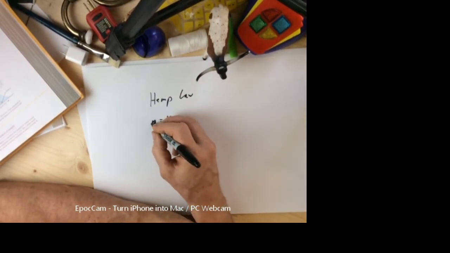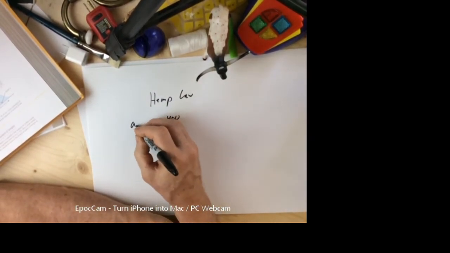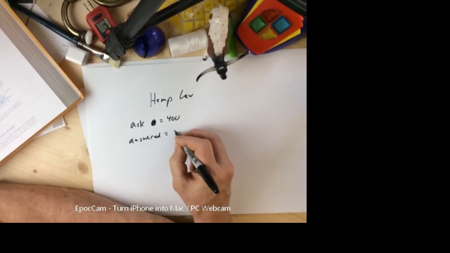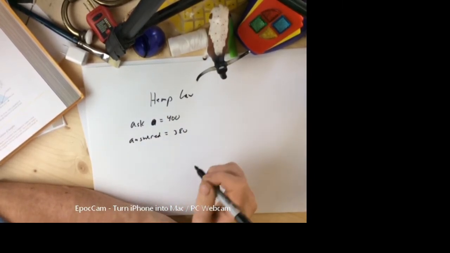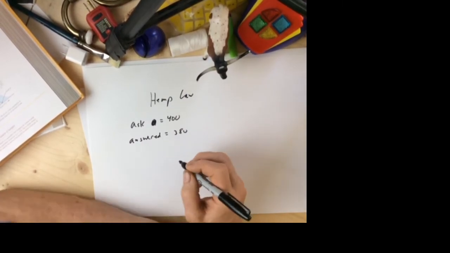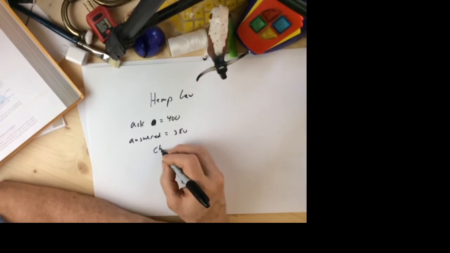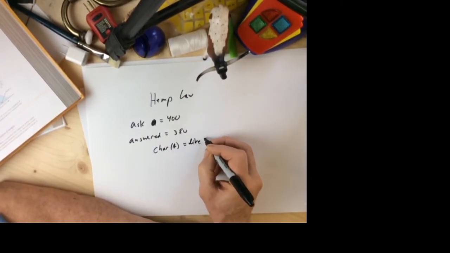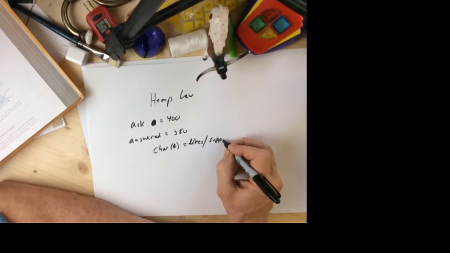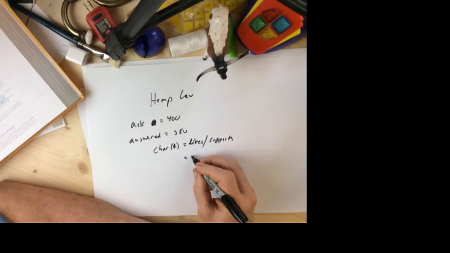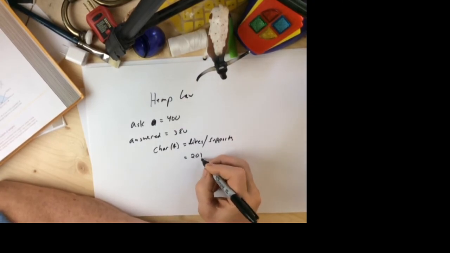The number who answered was 380, and then next comes the important fact: characteristic A, we're going to say, is likes or supports, and let's say that number was 201.